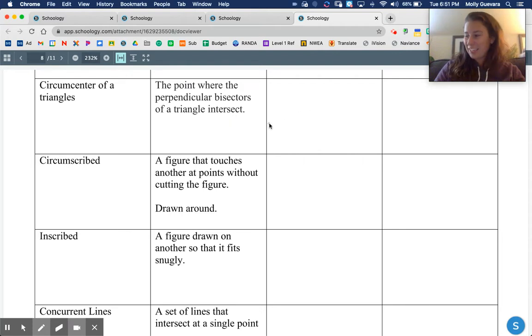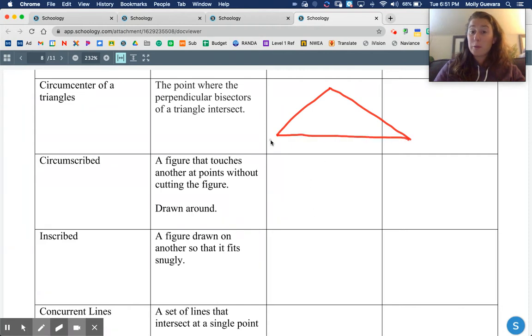So I'm going to work real hard here. I'm gonna draw a nice big triangle. I don't like it. I guess it doesn't really matter that much. Okay, so here's my triangle.